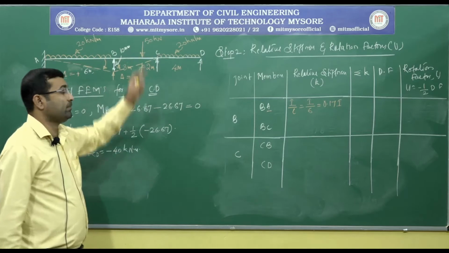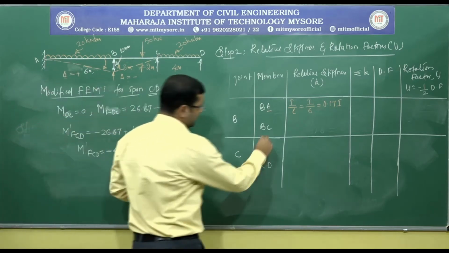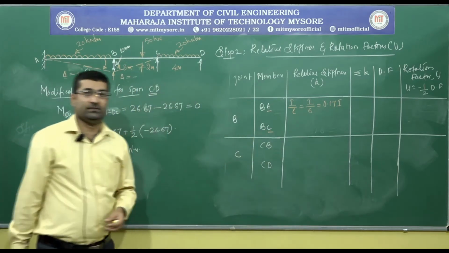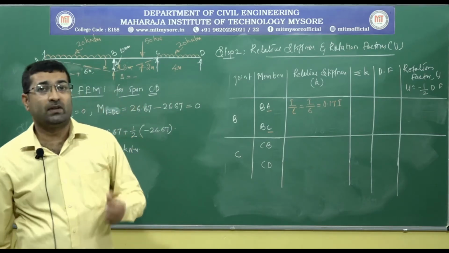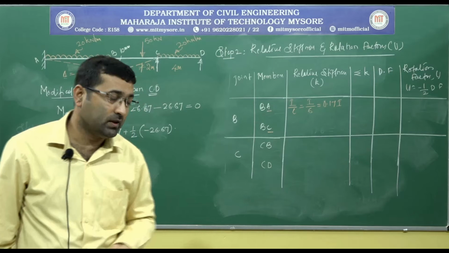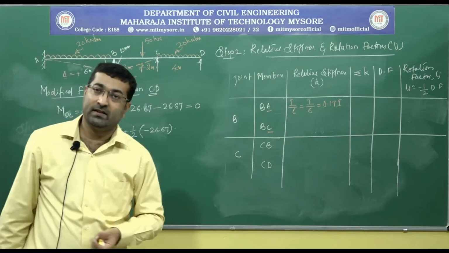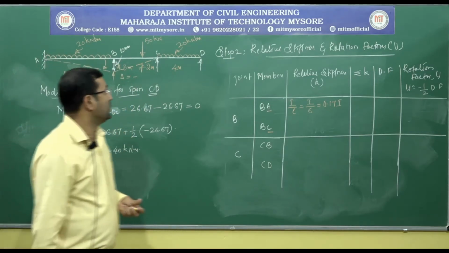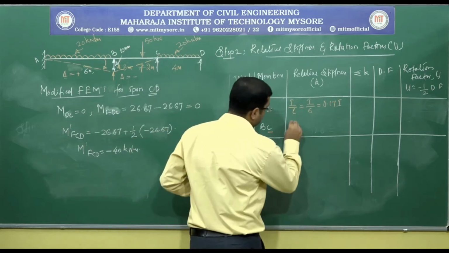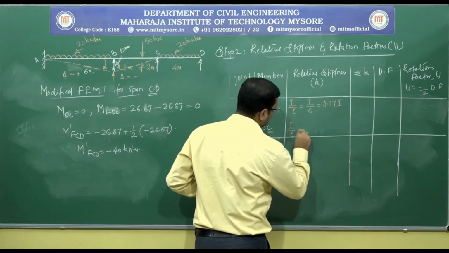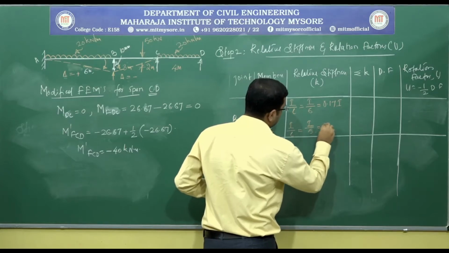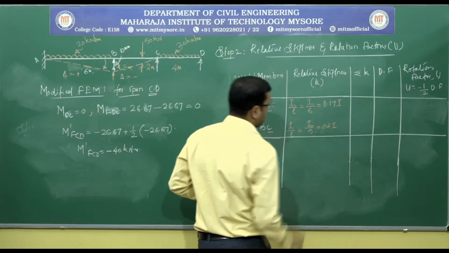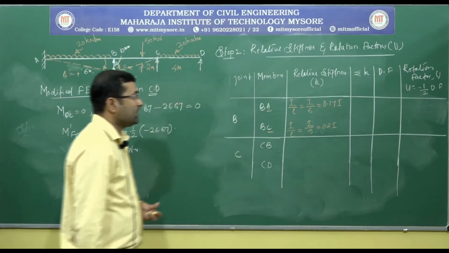Similarly, for member BC, C is the far end. As per the given loading diagram, it is an intermediate support, and all the intermediate supports are assumed as fixed. So for this also it is I by L, L is 5 meter, so it is 0.2 I, right.